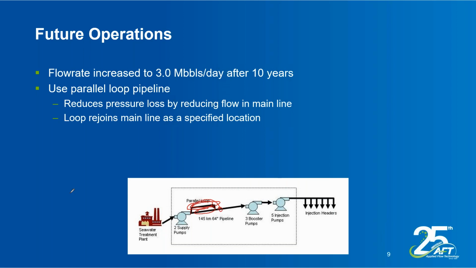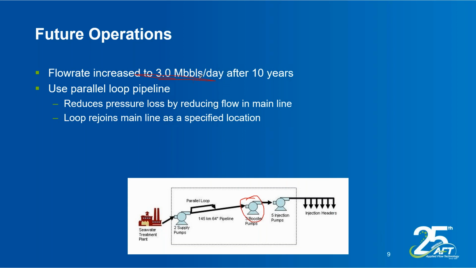Now, a key thing I want to point out is for these future operations, this did actually require the use of booster pumps. So for the original design of 2.14 million barrels per day, based upon a 60-inch diameter pipeline, they did not need the booster pumps.